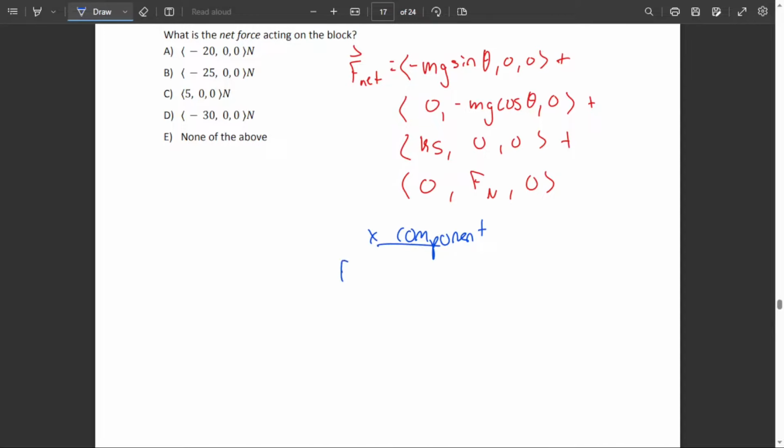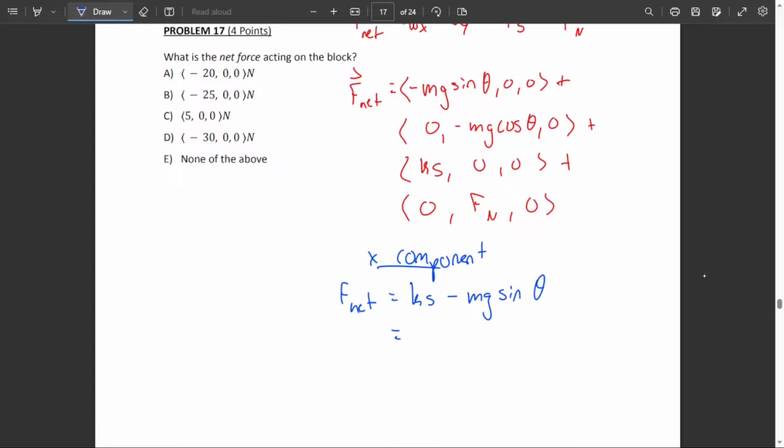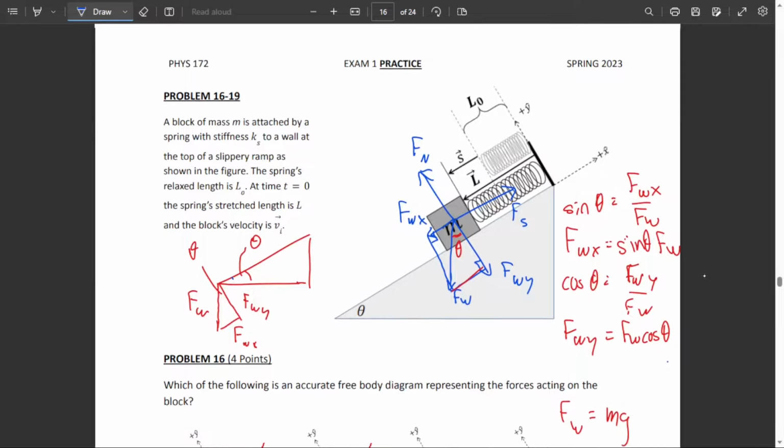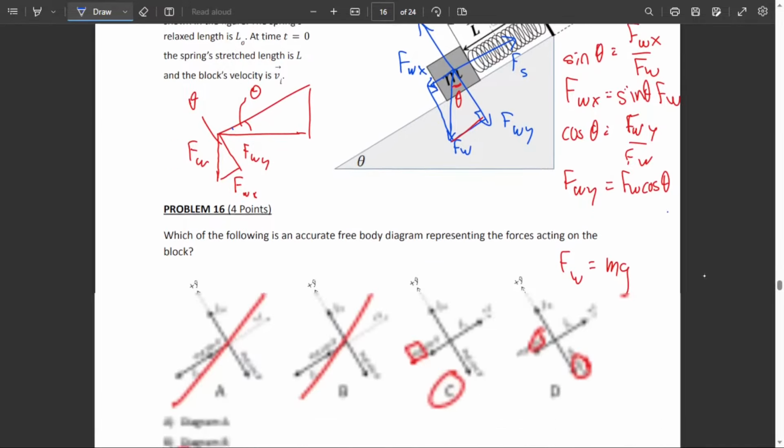So, finally, we have Ks minus mg sine theta. And here I think we can just plug in our numbers. So K was 50. The displacement is L minus L0.